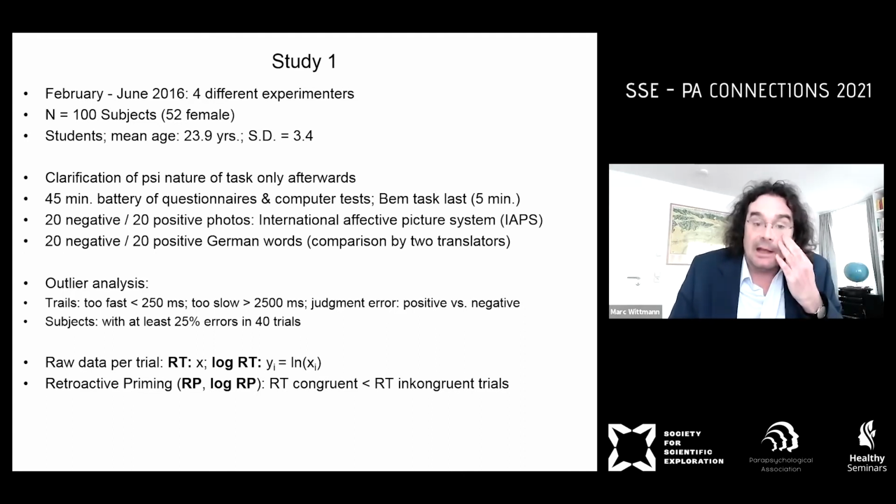So we have then taken from this raw data a retroactive priming value per person, which refers to the idea that the reaction time on congruent trials should be faster than the reaction time on incongruent trials.